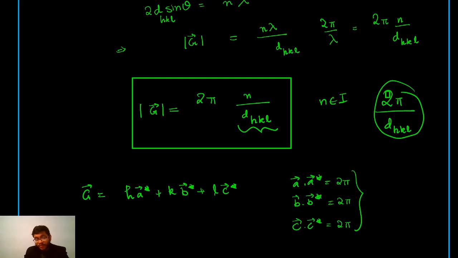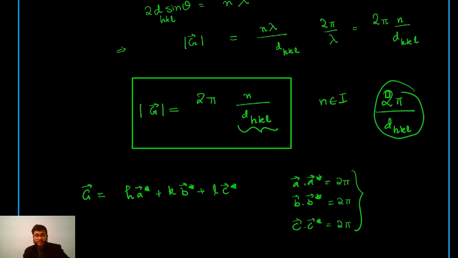But if you do A dot B star, it gives you 0, and A star dot B gives you 0. So that is something we know.